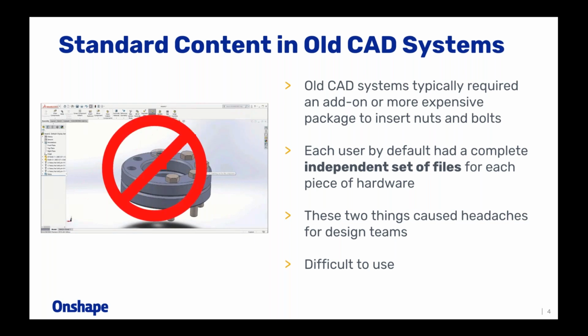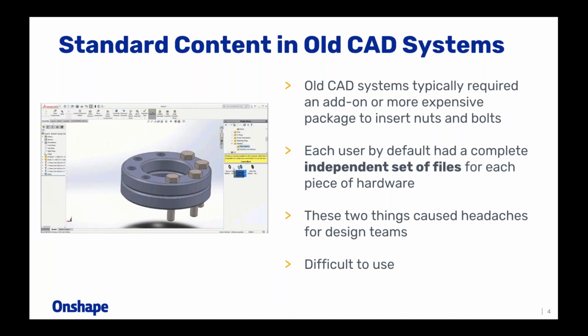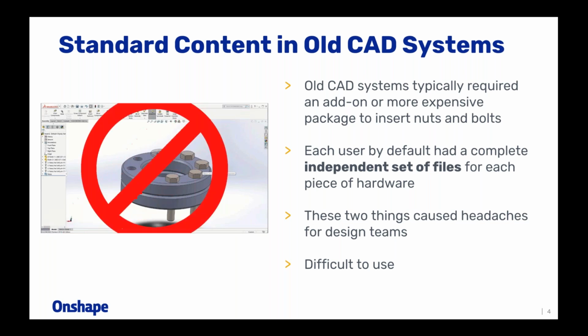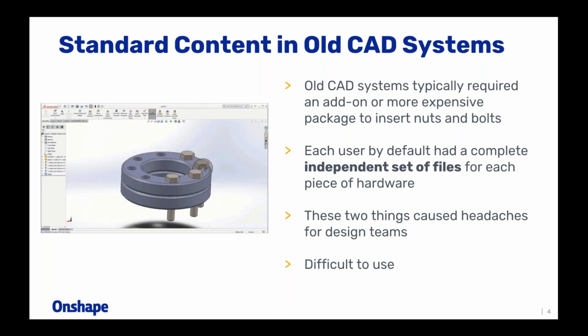These are some of the things I like to mention about the toolbox or standard content approach of past CAD systems: the file-based nature and the difficult-to-use nature of them made them somewhat avoided. You'll run into companies that didn't use these tools, the built-in tools at least, because of this. It's something that we thought quite a bit about when we set out to create standard content.